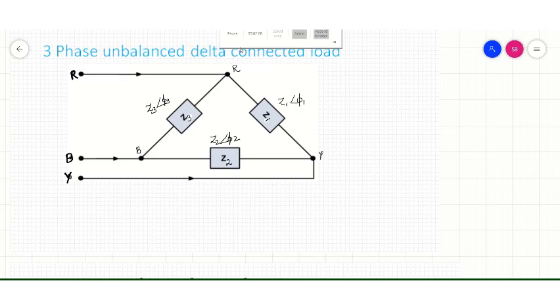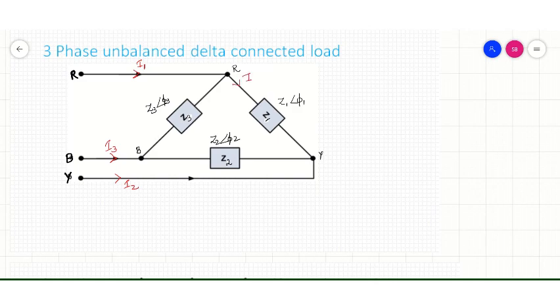Okay, now let's mark the currents also. The currents through the lines are marked first I1, then I2, and this current is taken as I3. Now let's consider the phase currents. I'm marking the phase currents like this.